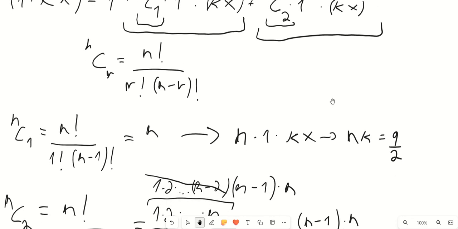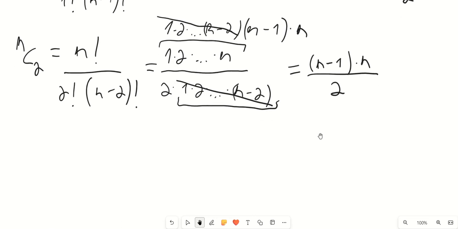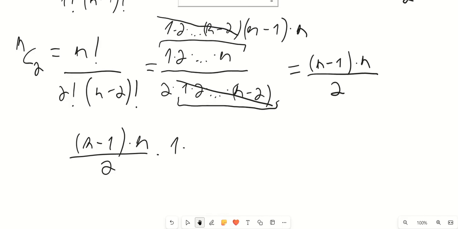So I know that nC2 is this thing, times 1 to the power of n minus 2, that is simply 1, and times kx to the power of 2, which is k squared x squared.